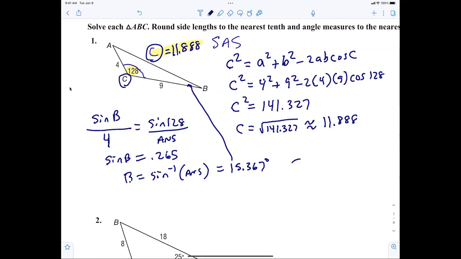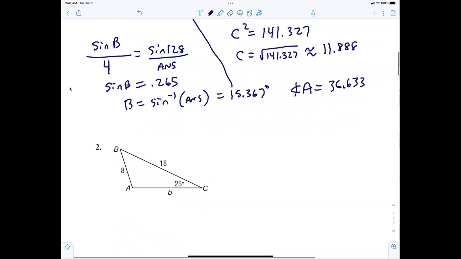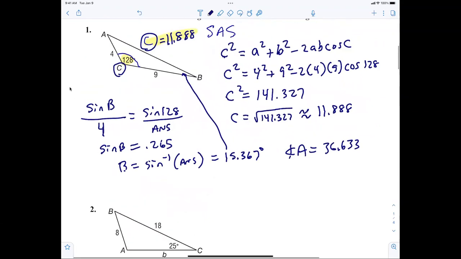So then angle A was 36.633. I'm happy. You add up the two angles, 128 plus 15.367, and then do 180 minus that answer, because the angles of a triangle add up to 180. You with me on this?